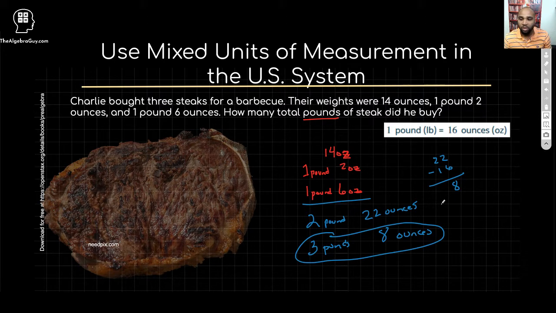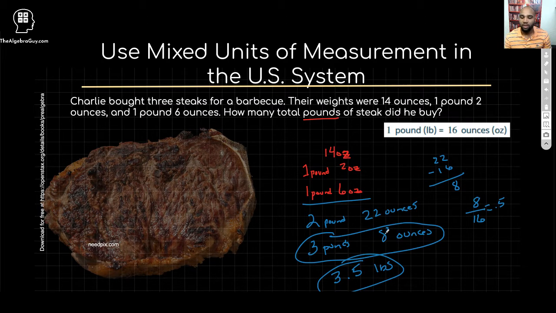But if they really strictly wanted it just in pounds, what I would do is convert that 8 ounces to pounds by saying how many pounds is 8 ounces. I say 8 ounces divided by 16. Well, 8 is half of 16, so this is going to be 0.5. So I know this is going to turn into 3.5 pounds.